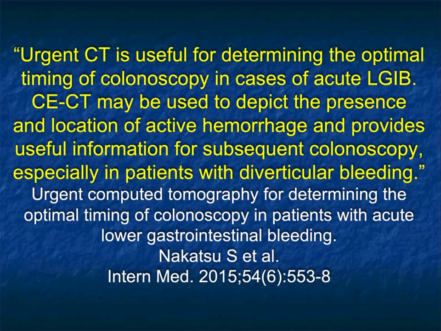Urgent CT is useful for determining the optimal timing of colonoscopy in cases of acute lower GI bleed. CT can be used to depict the presence and location of active bleeding and provide useful information for subsequent colonoscopy, especially in patients with diverticular disease.